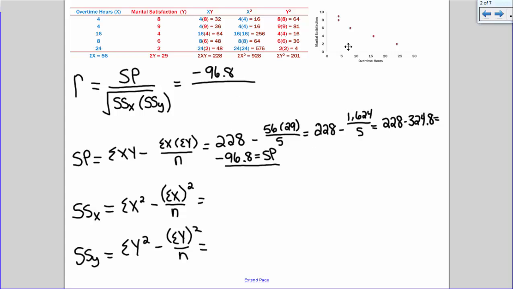And based on my scatter plot up here, I am expecting a negative relationship because I see a downward slope, right? As overtime hours increases, marital satisfaction decreases, right? Higher values here, lower values here. Lower values here, higher values here, downward slope. So I'm feeling pretty good about my calculations so far because I would expect to get a negative sum of products because I'm going to have a negative correlation because that's what it looks like in my scatter plot.